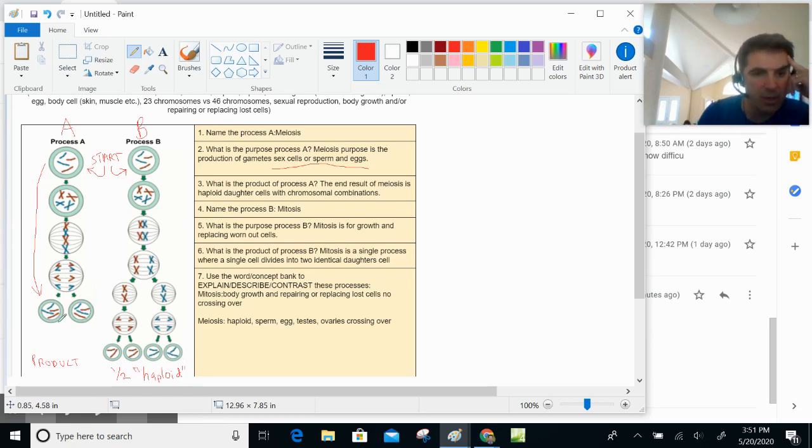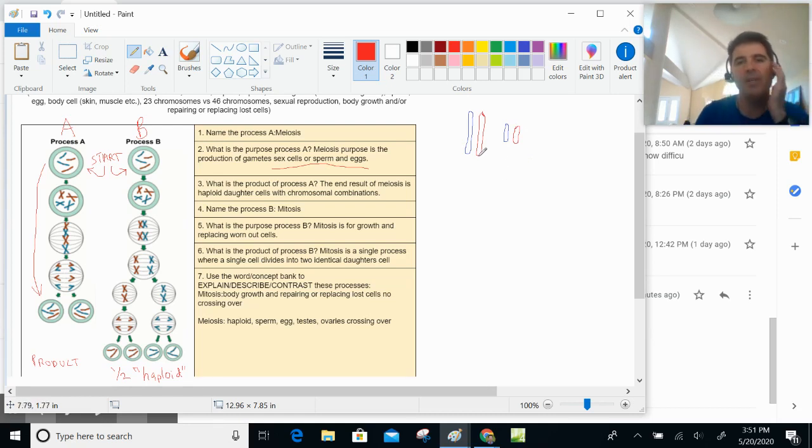So if I was to draw these chromosomes, I would draw the original chromosomes like this. I draw one big blue one and one small blue one, and then one big red one, like this, and one small red one, like that.